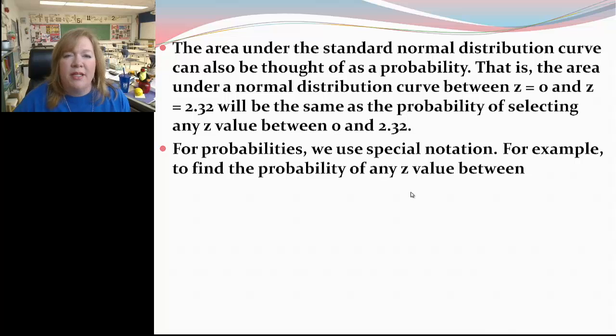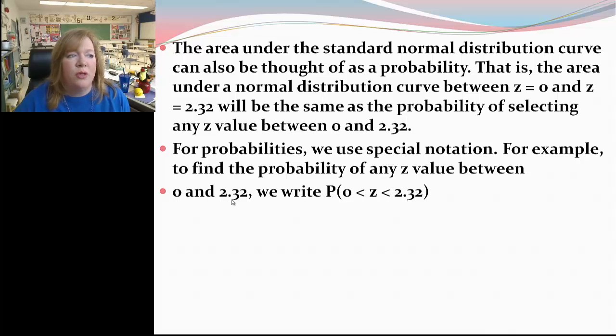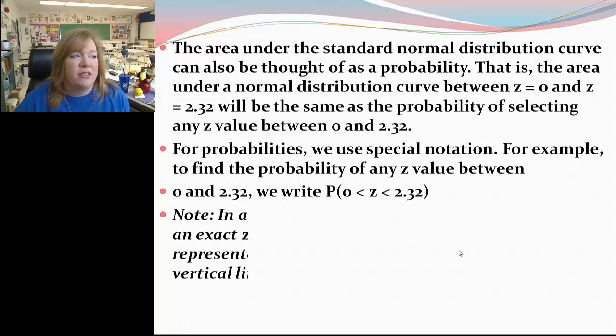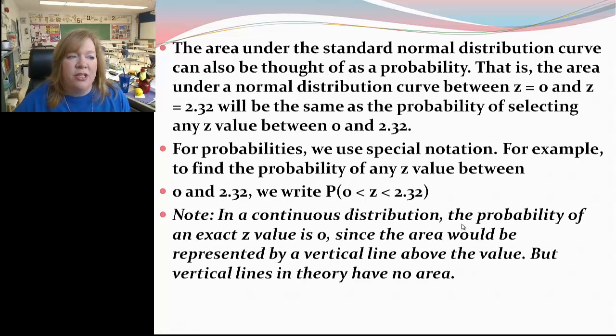For probabilities, we use special notation. For example, to find the probability of any z value between 0 and 2.32, we use this big P out here. Take a big P and put the z between these. So that's the notation. In a continuous distribution, the probability of an exact value is 0. You don't really need to know this.